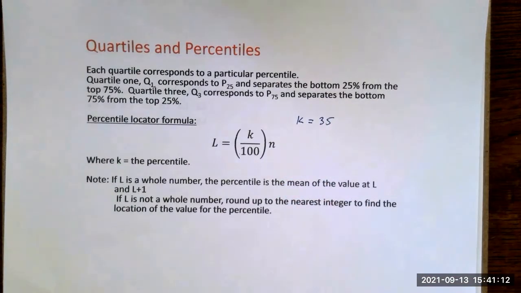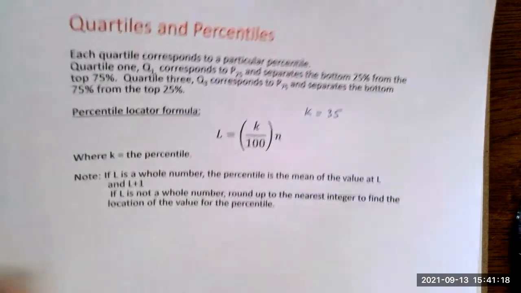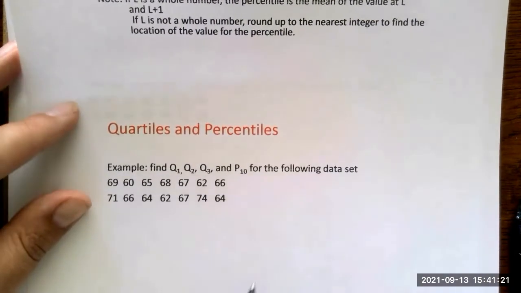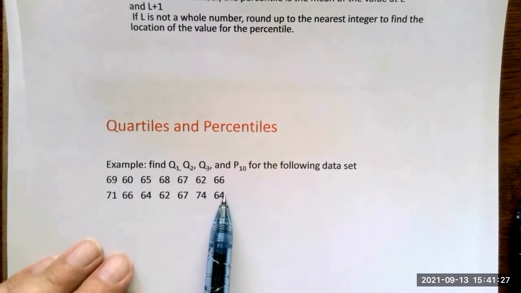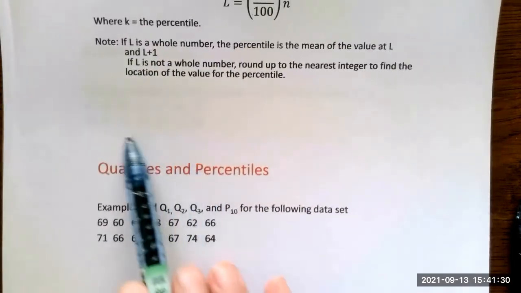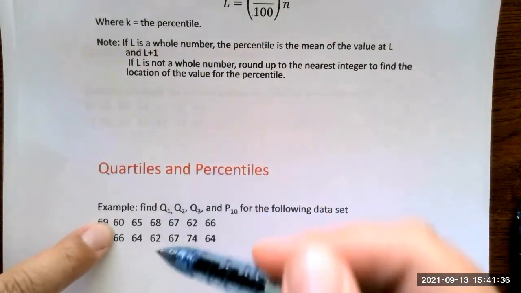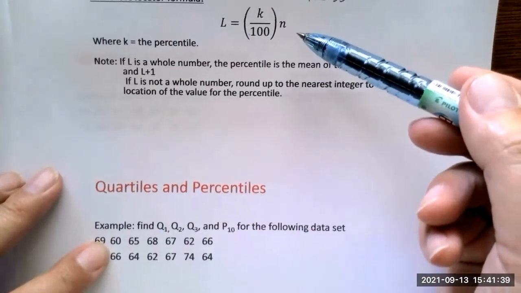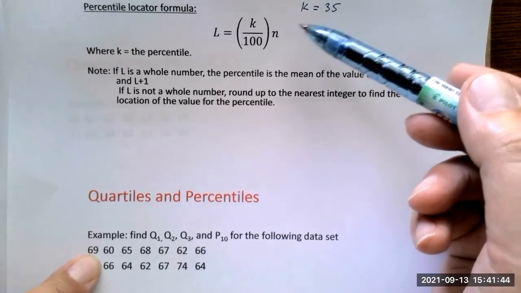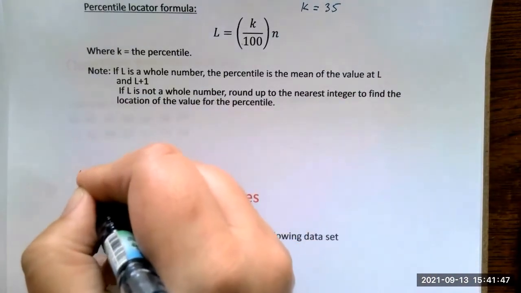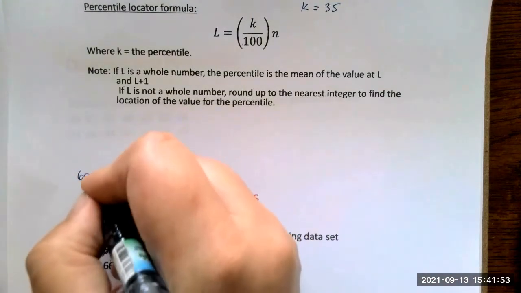Let's apply this to our next data set, which we can see here. Let's start by arranging the data values from smallest to largest, and I'm going to do it here, because I'm going to apply this formula later to this data set. Okay, looking for the 35th percentile. So I will start with 60. The next ones are 62 and 62.